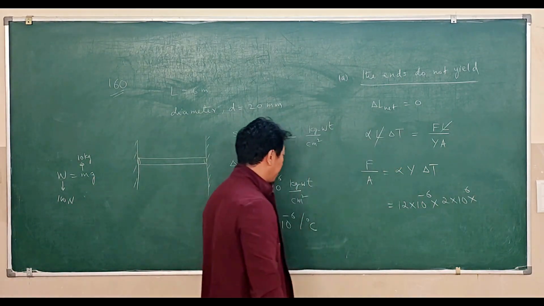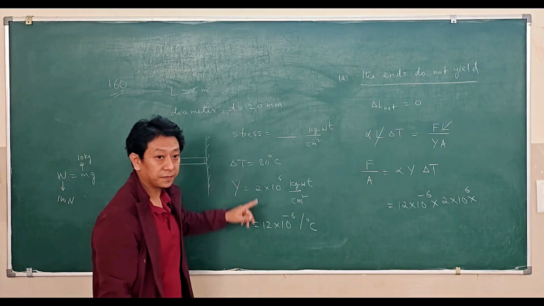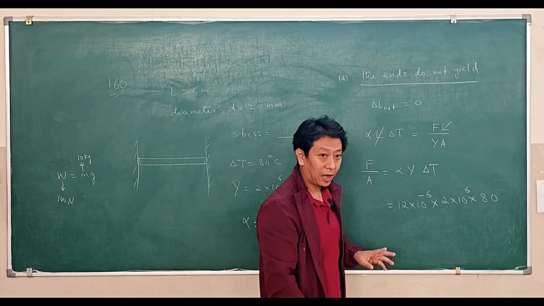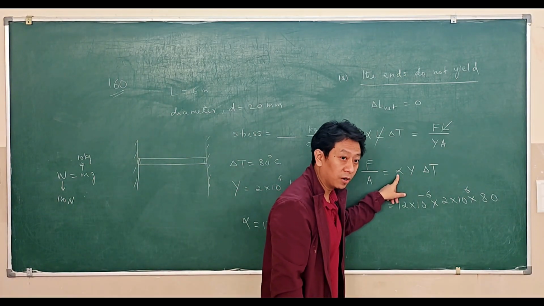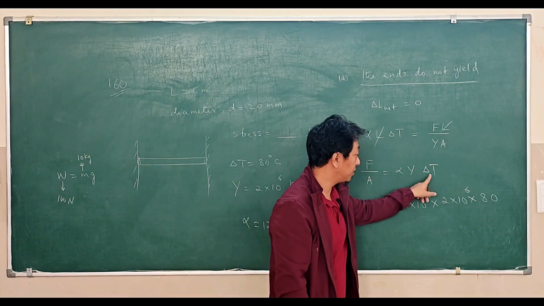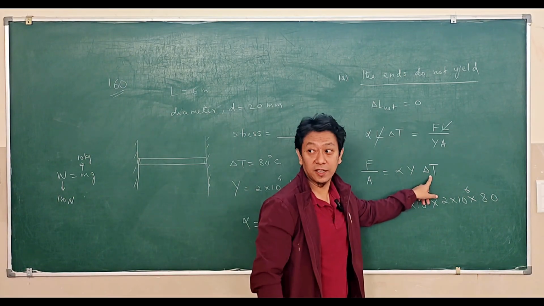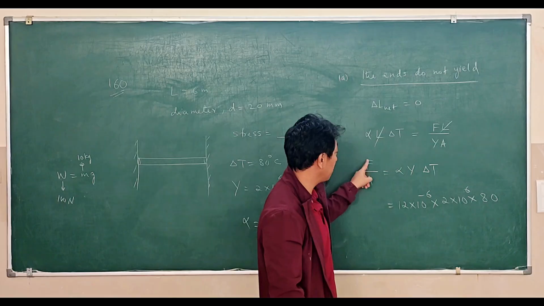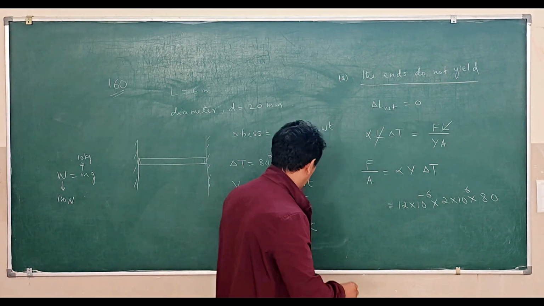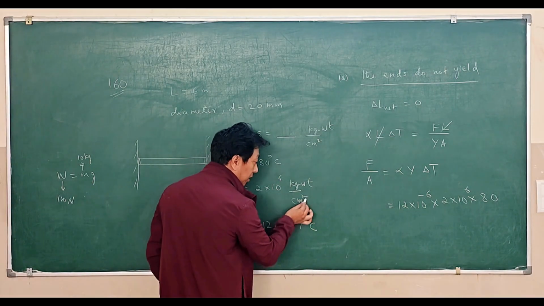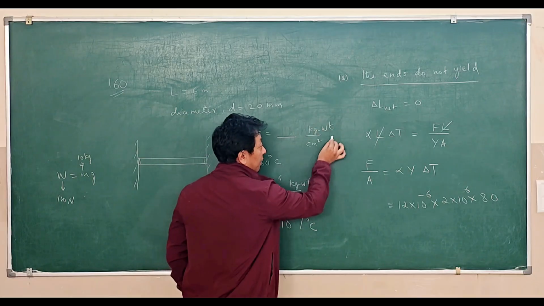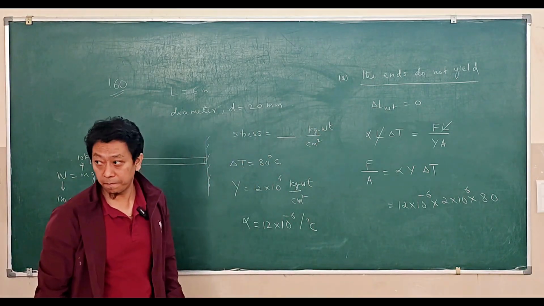Into what is the change in temperature? 80. Now you know that alpha is 1 by degree Celsius. Celsius cancels. So stress will have the same unit as Young's modulus. Whatever was Young's modulus unit, the answer is also in the same unit if you look at the question.